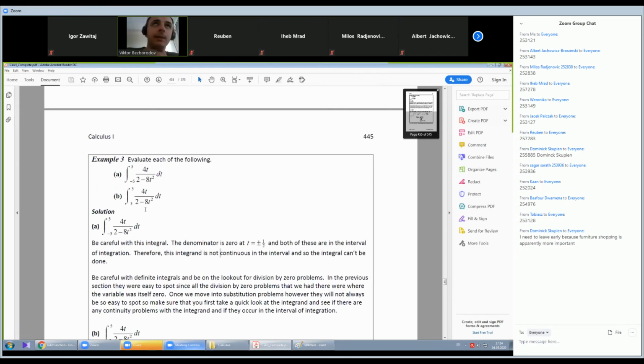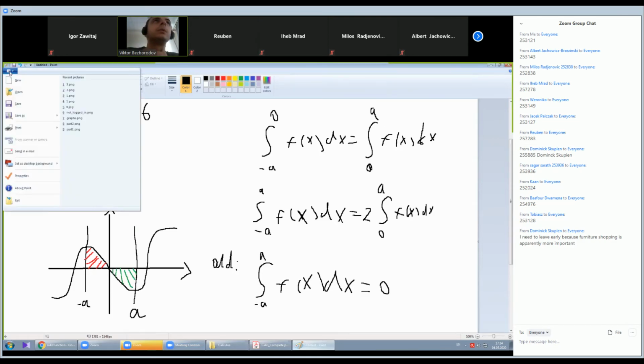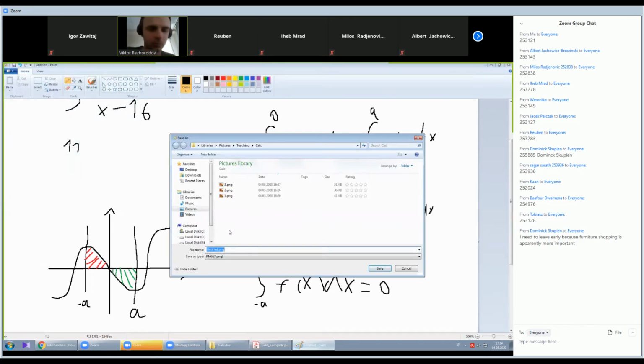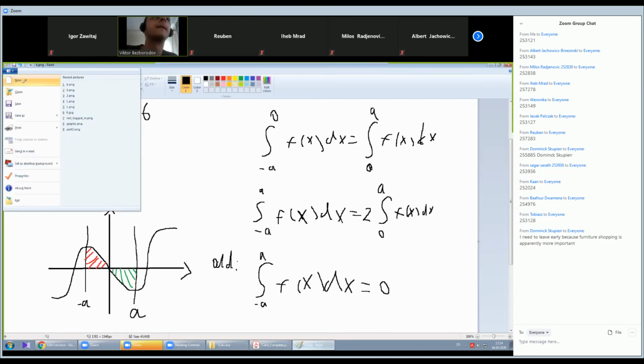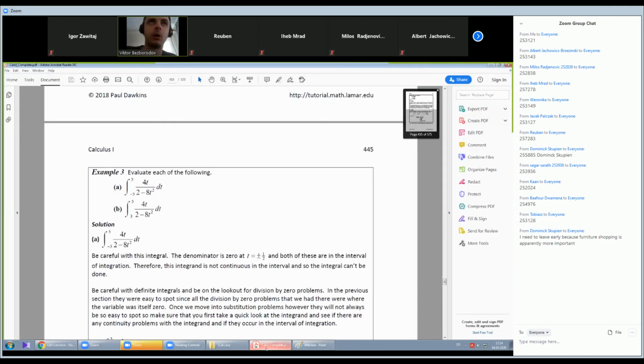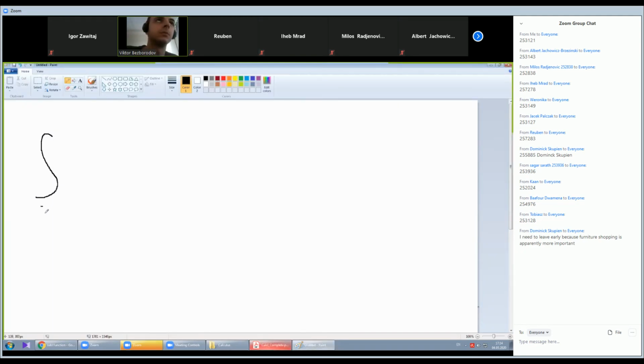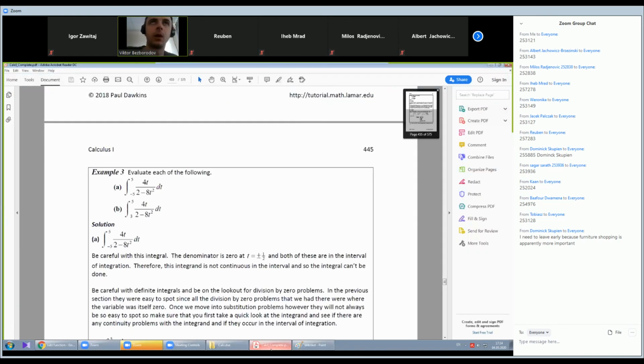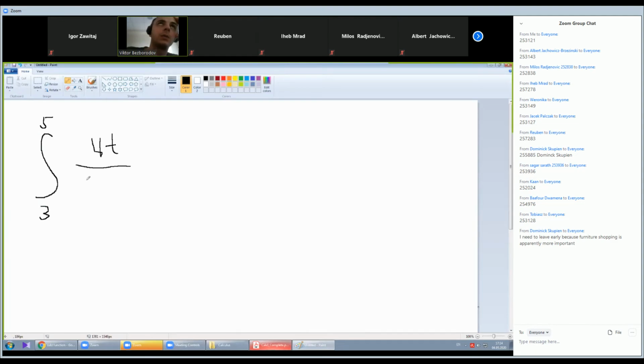Now let's consider this integral from 3 to 5 of 4t over 2 minus 8t squared dt.